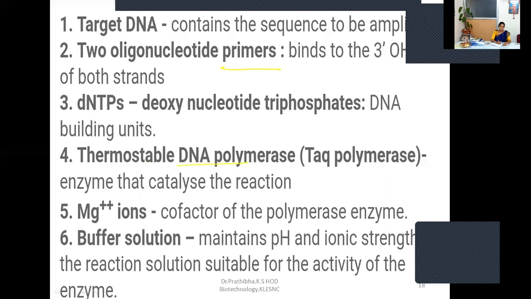Then thermostable Taq DNA polymerase, the enzyme that catalyzes the reaction. Magnesium ions as a cofactor of the polymerase enzyme. Then buffer solution, which maintains the pH and ionic strength of the reaction solution, suitable for the activity of the enzyme. So these are the major requirements. Kindly go through this, and you should compulsorily write all these 6 relevant requirements in your answer.